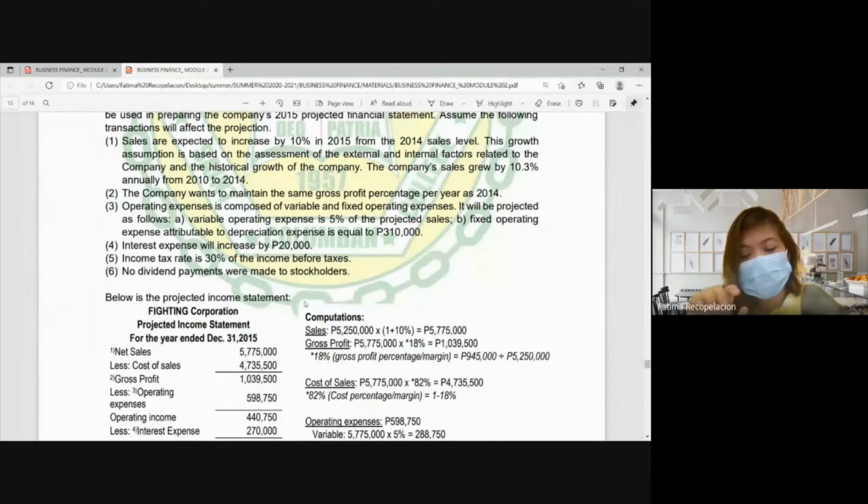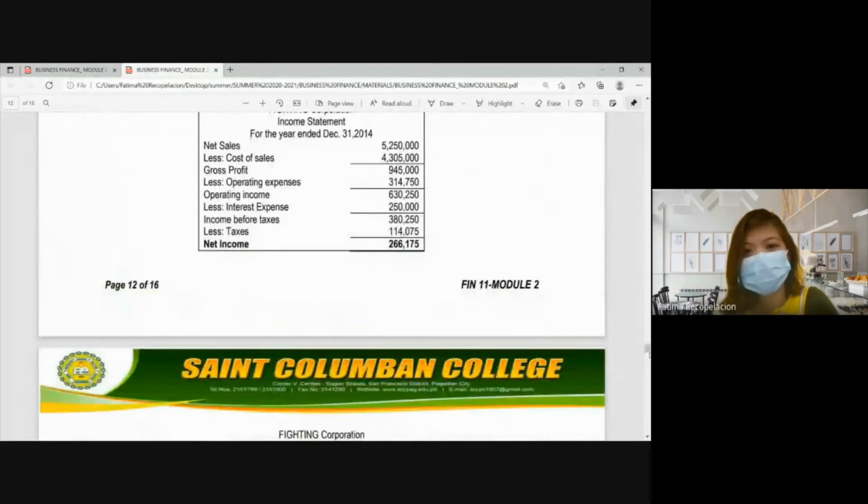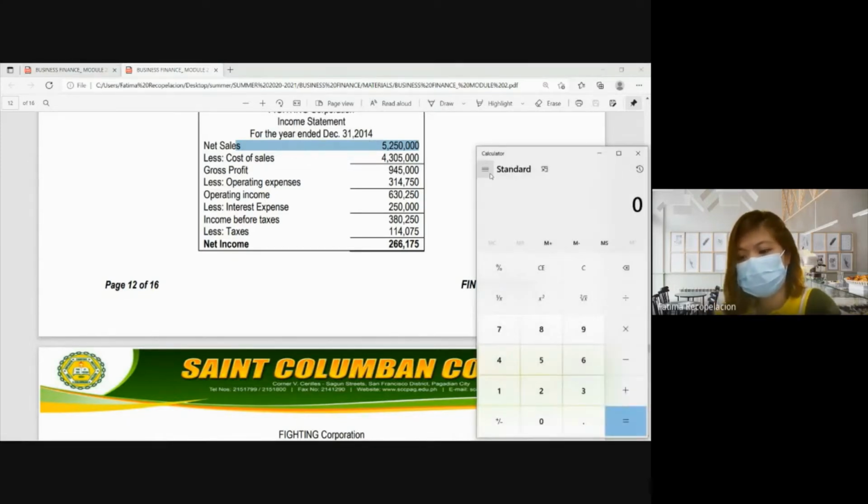So how did we come up with 10%? How will we compute that one? Of course, you go back to our historical data. This is our historical data, 5,250,000, and then you increase by 10%. So how much is 10% of 5,250,000? Times 0.1, so 525,000.